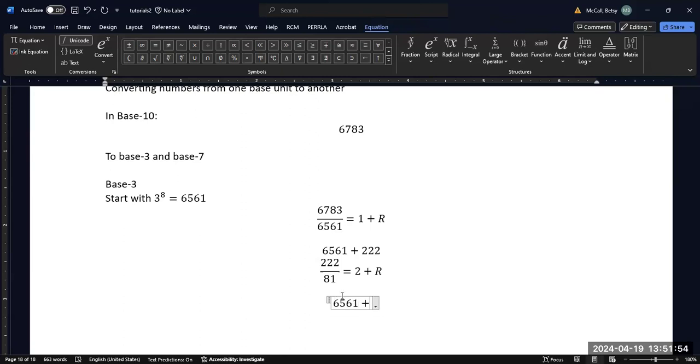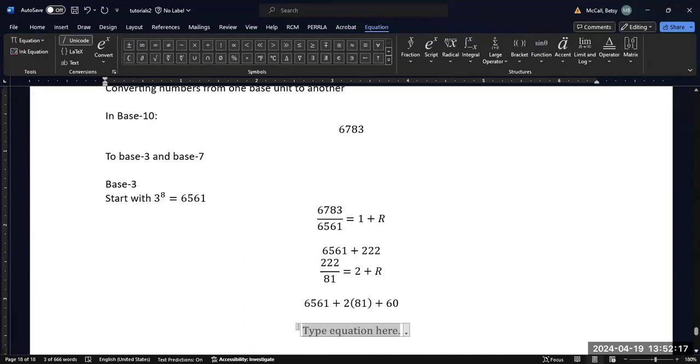And then we're going to have 2 times 81 and something else. So we're going to take our 81 times 2. So we have 2 copies of 81. We're going to subtract that from 222. That's going to get me 60.